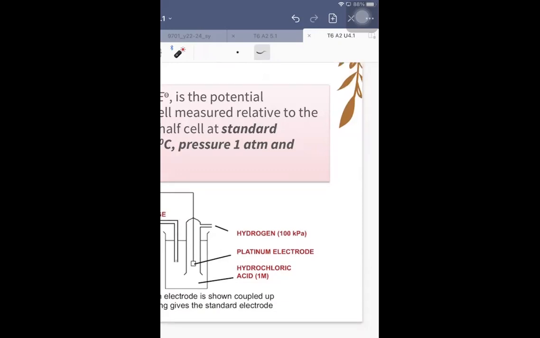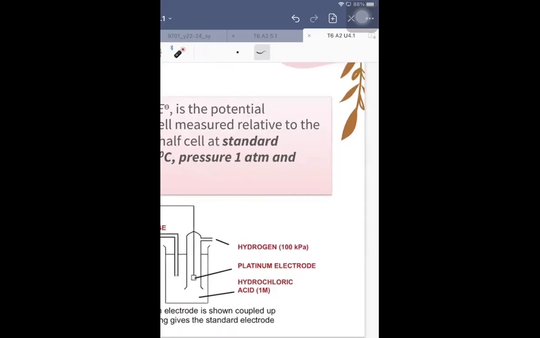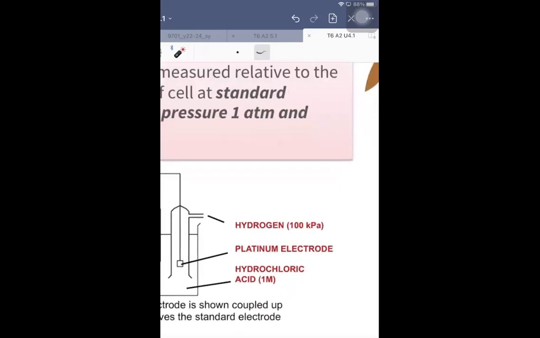So here is the same diagram. You can see that one half cell is connected to another half cell via a voltmeter and a salt bridge. I will explain the function of a salt bridge later on.